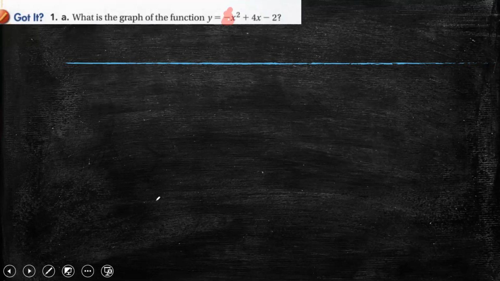Yes. Negative means that the U curve will be downward. This is a hint to me that the U will be downward. Then I will say thank you to the a: you tell me that the function is downward.